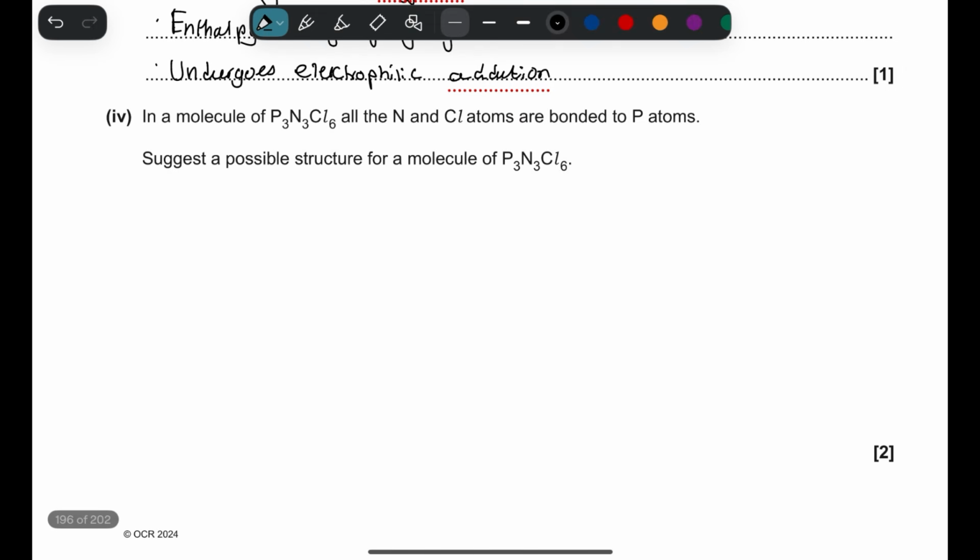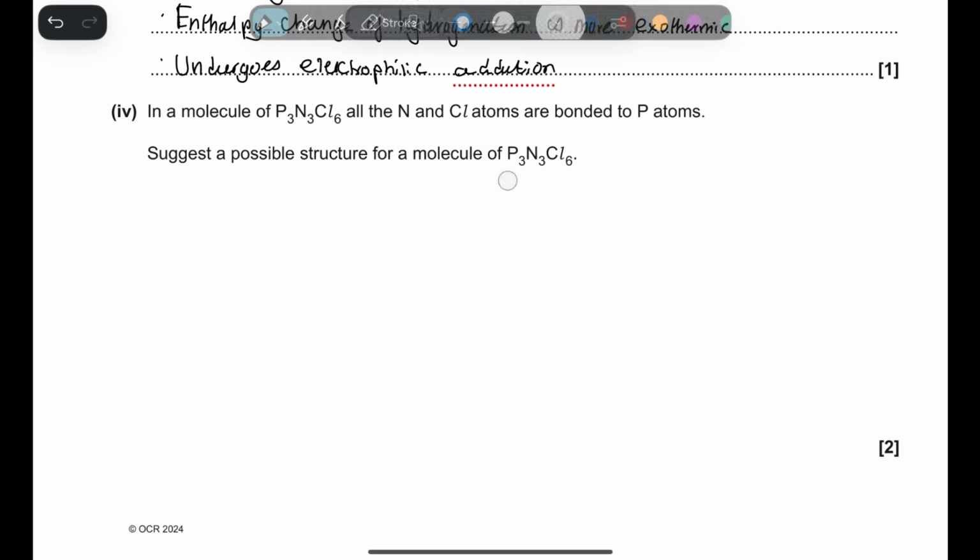Now, finally, we need to suggest a structure. So if we're using the Kekule model, I'm going to think, I want a cyclic structure. And we need to try and make all the nitrogens bonded to the phosphorus and the chlorine bonded to the phosphorus. So if we want a ring of 6, I'm more than happy to use those 2 as a ring of 6. We're going to do it alternating.